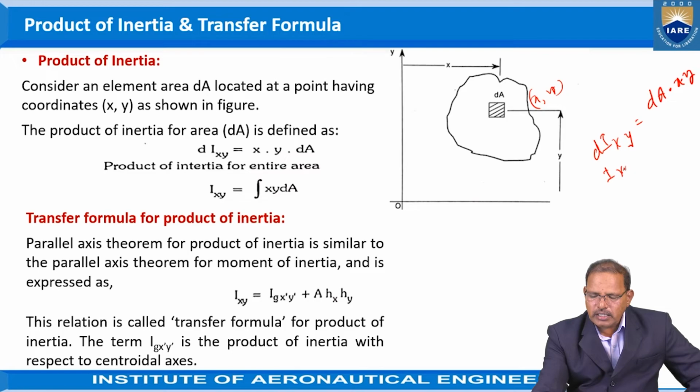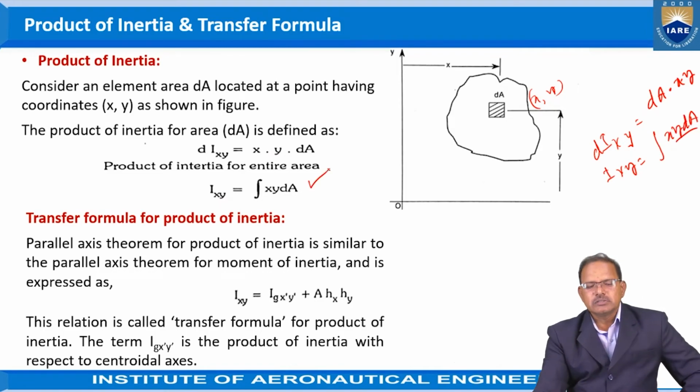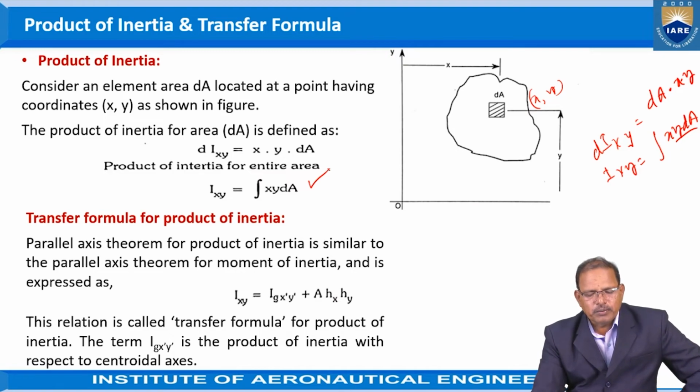So Ixy is equal to the integration of xy dA. This is known as the product of inertia for the entire area, that is, the area multiplied by the product of x coordinate and y coordinate with respect to the two reference lines as shown in the figure.